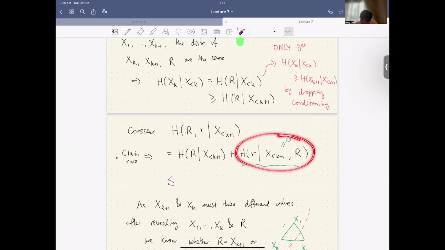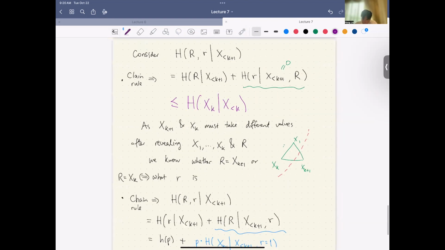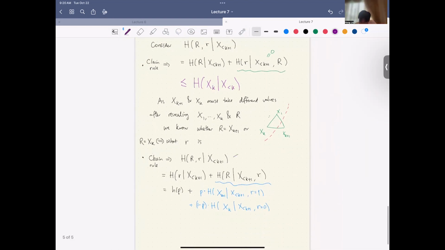Now this guy is 0. This guy is this guy, which is less than or equal to this one. So h of xk, h less than k. Now we have, this is at most h of xk, h less than k. Good.